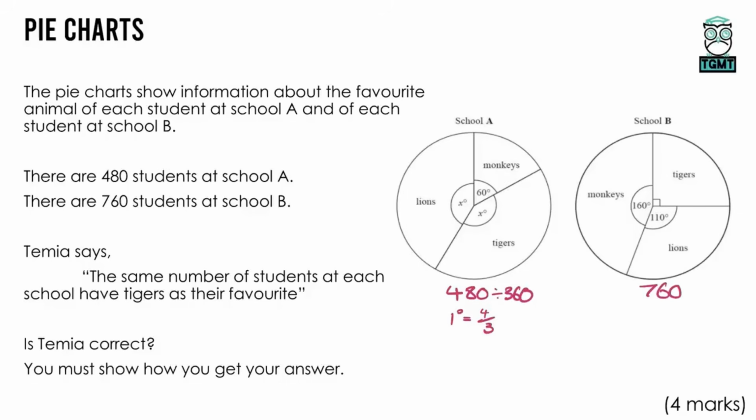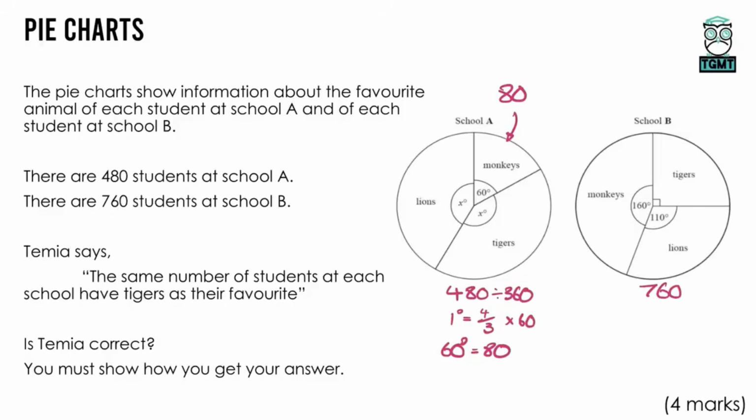We can now multiply that by 60, and that will tell us the amount here that liked monkeys the most. So if we times by 60, that is 80 people. So 4/3 times 60 gives us that 60 degrees is 80. So 80 people like monkeys the most.